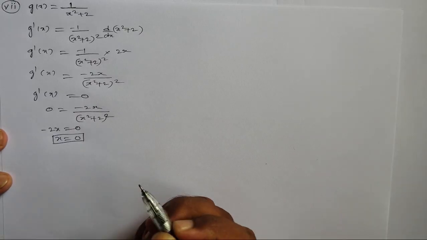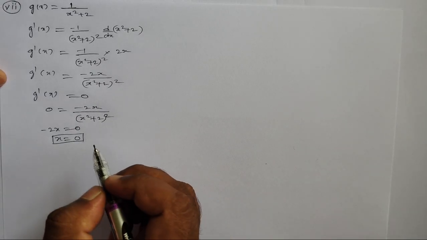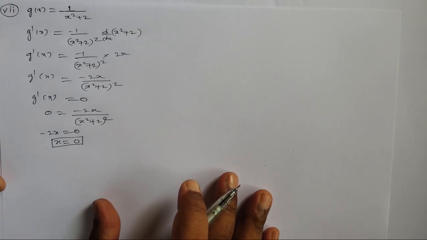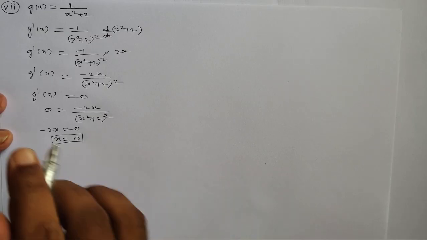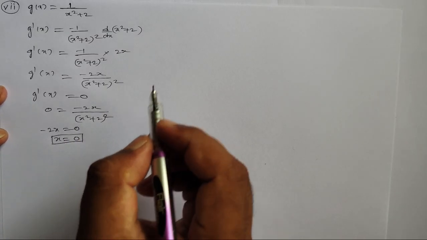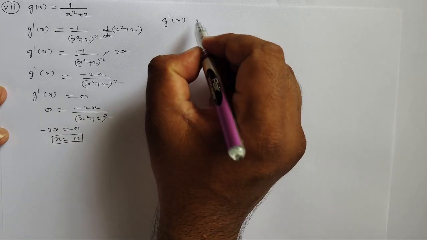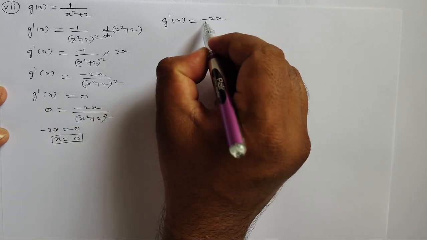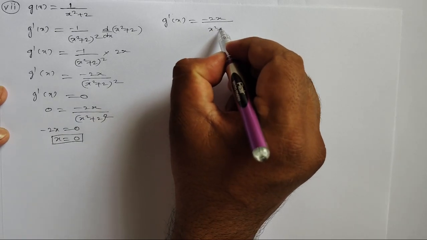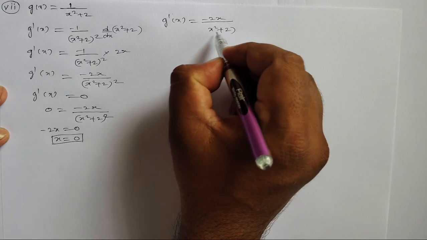So next, the next method is the second order derivative. Already g dash of x is there: g dash of x equals minus 2x divided by x square plus 2 whole square.